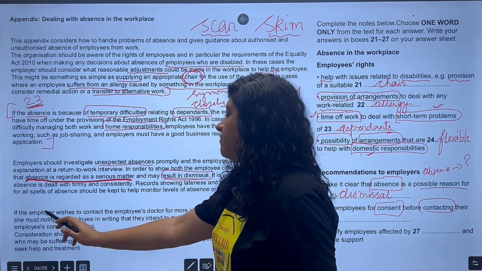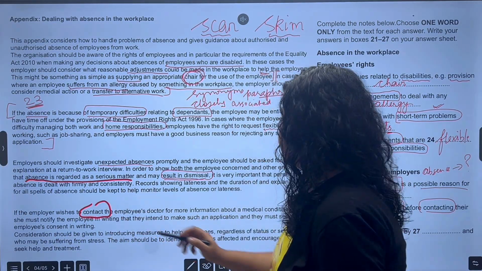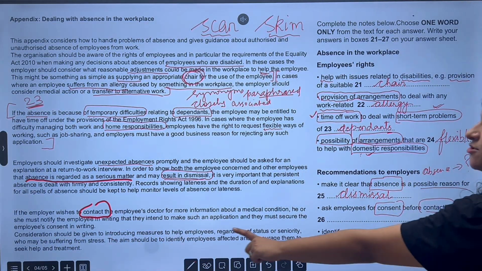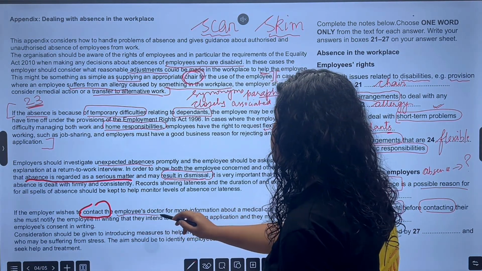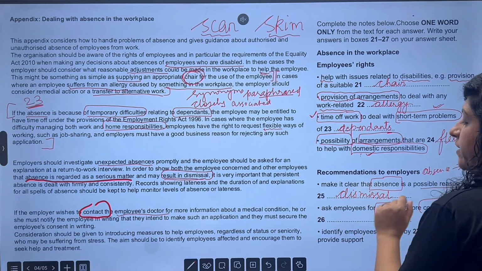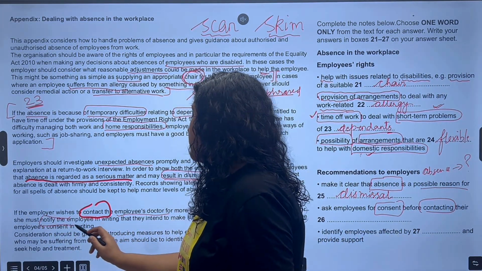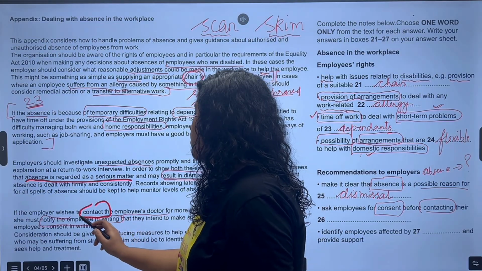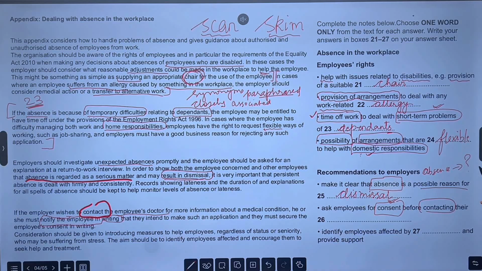If the employer wishes to contact, keyword contacting there. So if the employer wishes to contact the employee's doctor for more information about a medical condition, he or she must notify the employee in writing. Notify the employee in writing, taking consent.